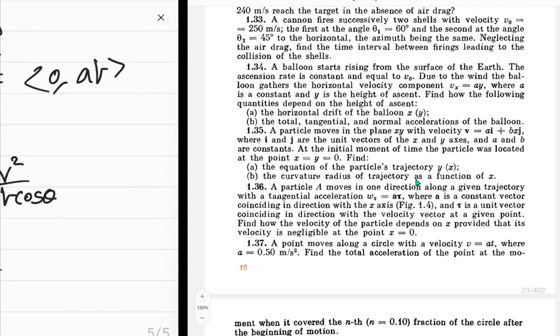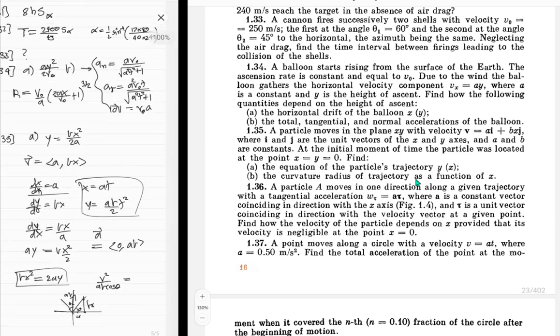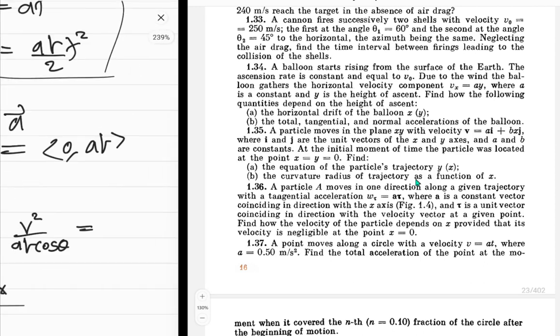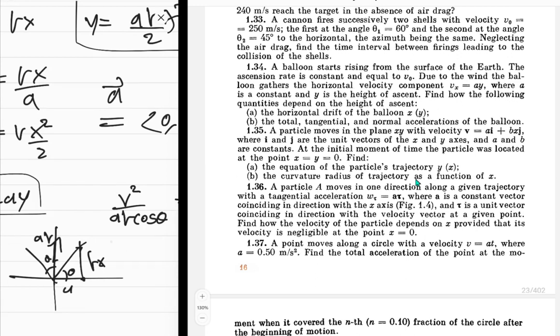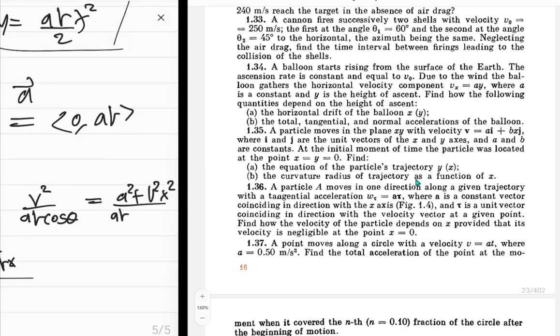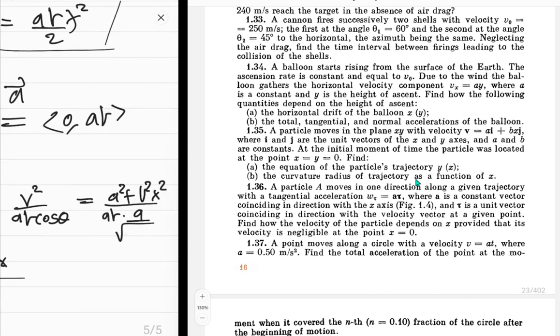And what's V squared, by the way? It is just A squared plus B squared x squared upon AB cosine theta. And cosine theta is just A upon all that stuff. So AB times A upon square root of A squared plus B squared x squared. So this will just be equal to A squared plus B squared x squared to the power of 3 upon 2, upon A squared B, basically.